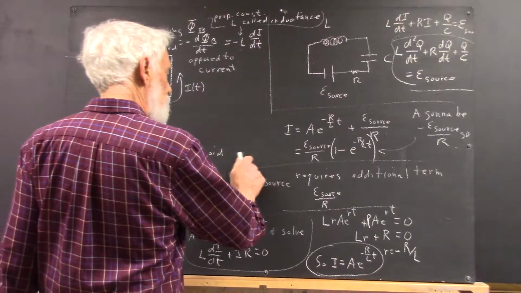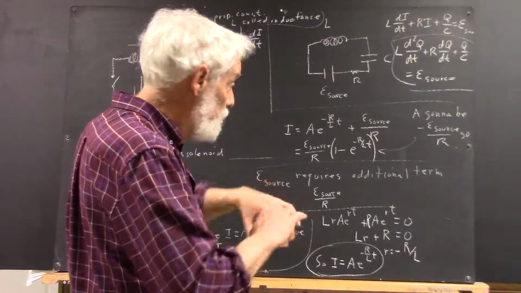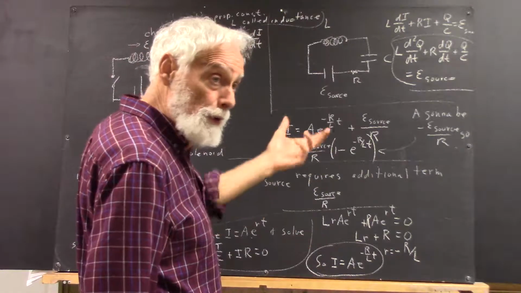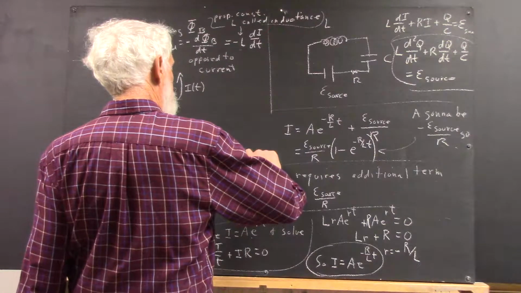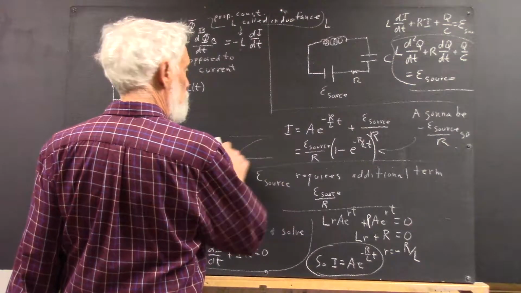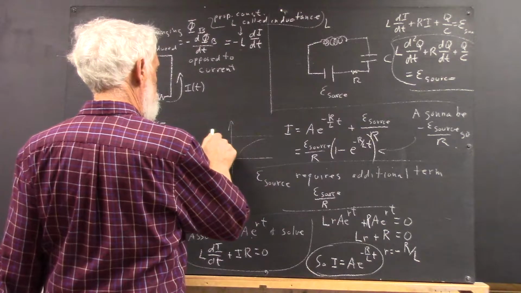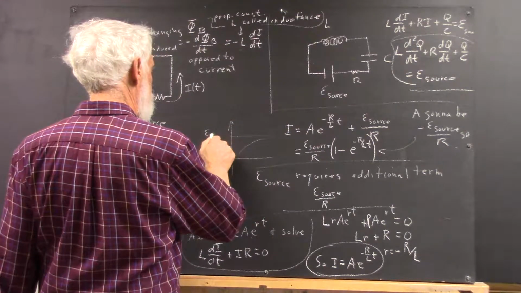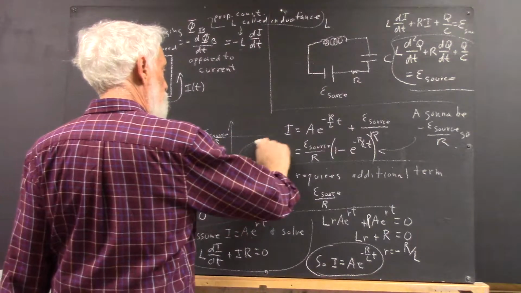And if you're familiar, as you should be from what we did in lab last time with capacitors, we had a very similar equation for the voltage on a capacitor. You see that your current is going to asymptotically approach the EMF of the source divided by the resistance.